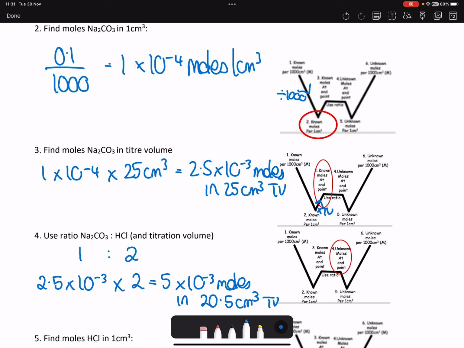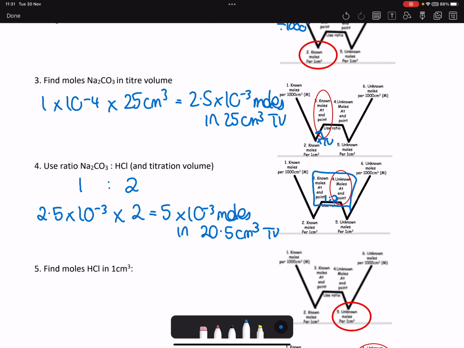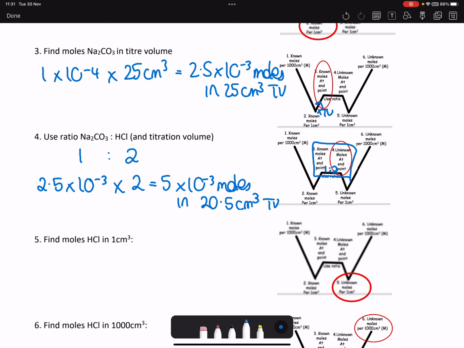So here's what we've done. We've gone across here. We've used our ratio, which was 1:2. So our next step now is we have to find how many moles of hydrochloric acid are in 1 centimetre cubed.